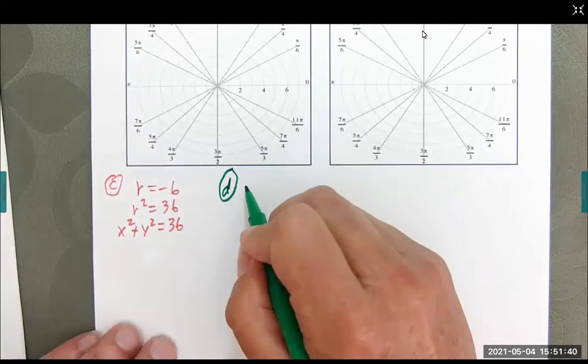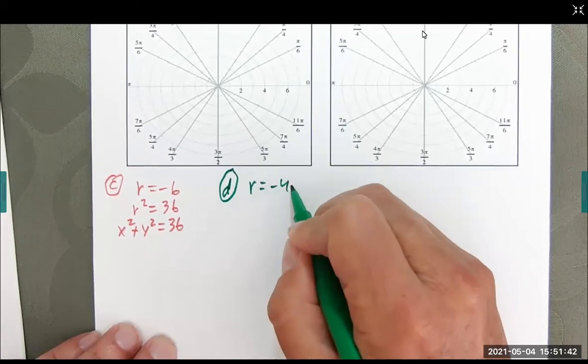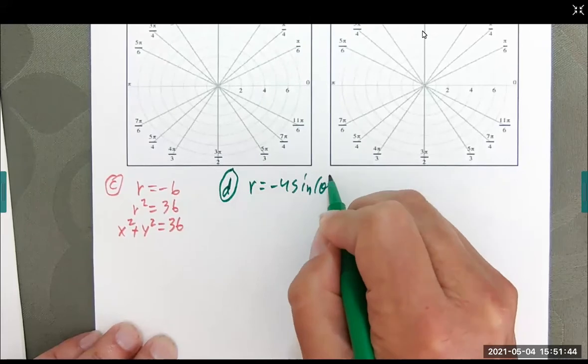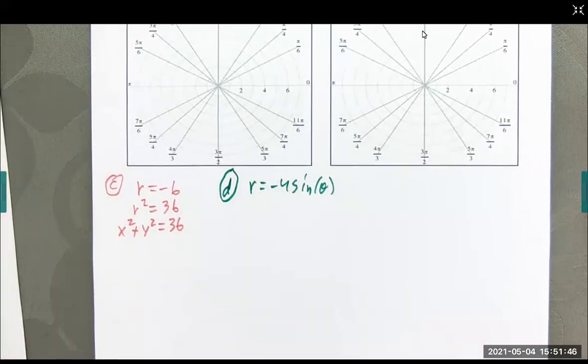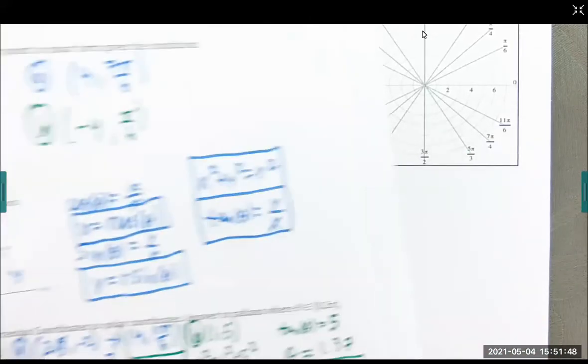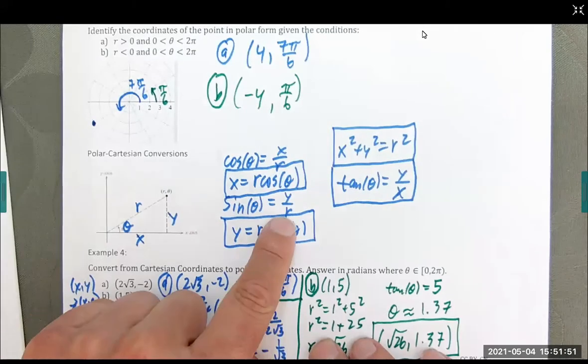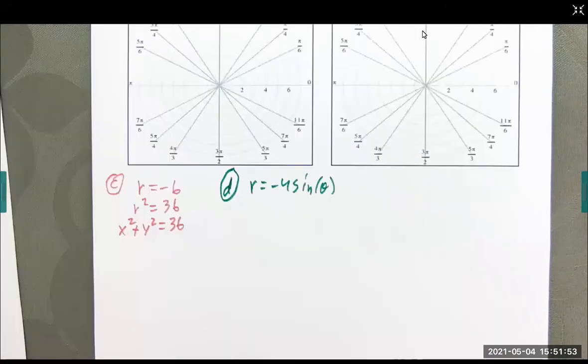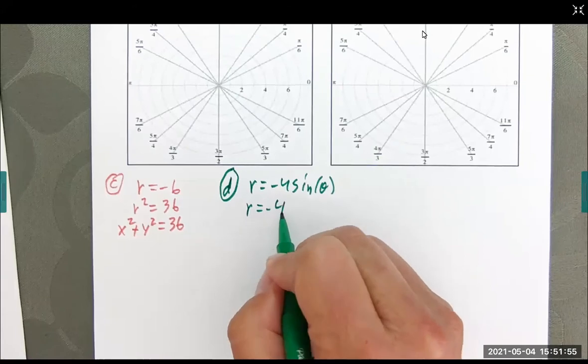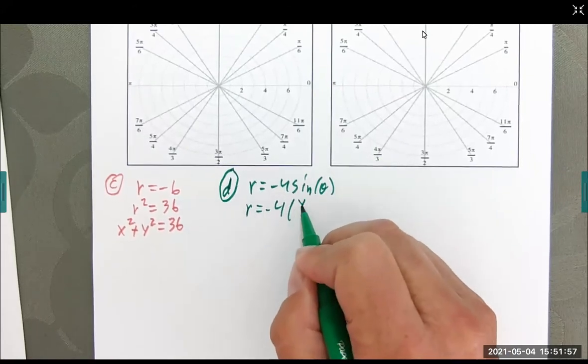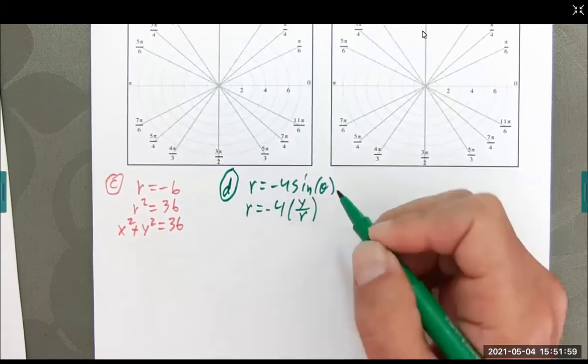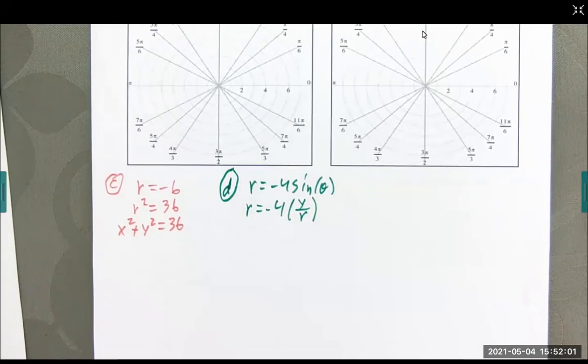D is r equals -4 sine theta. If we go back here, sine of theta is y over r. And I'm going to go ahead and multiply both sides by the LCD, which is r in this case.